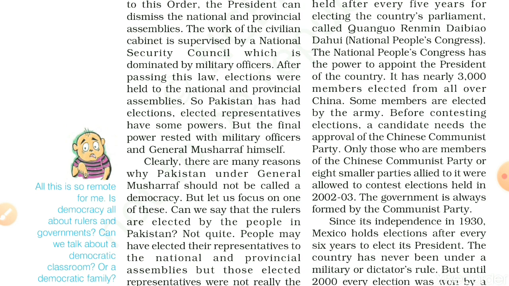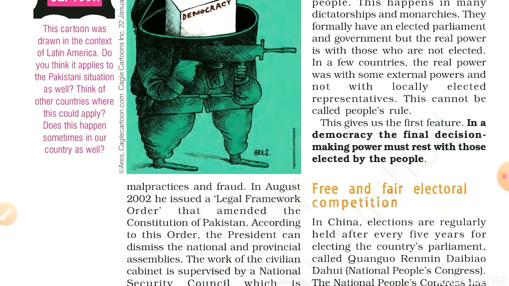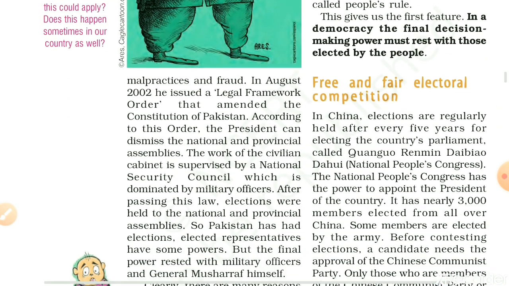Okay, and this example gives us the first feature of democracy. In a democracy, the final decision making power must rest with those elected by the people. Okay. Second thing, free and fair electoral competition. So there is an example of China and Mexico. We have to talk about China first.